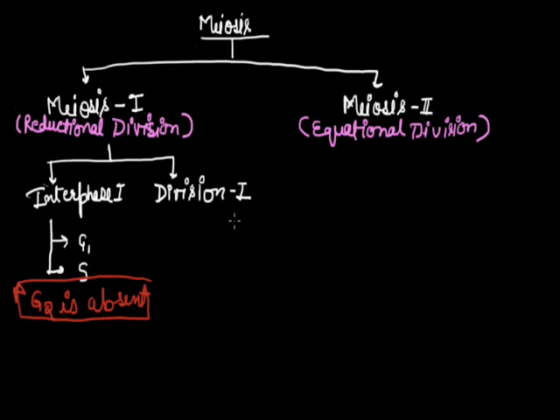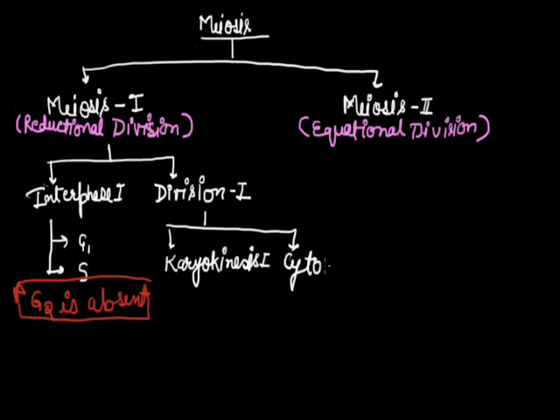The division phase can be further classified into two parts, karyokinesis and cytokinesis. The first one is called karyokinesis 1, while the second one is called cytokinesis 1.